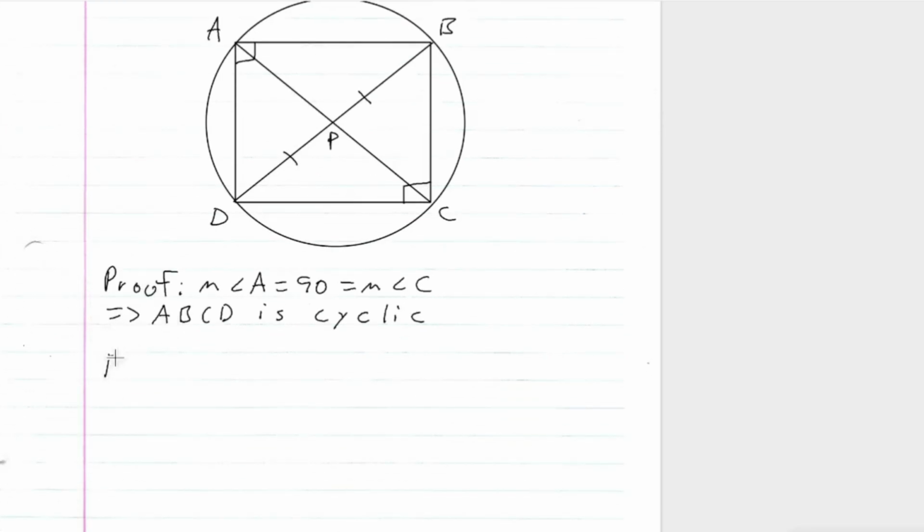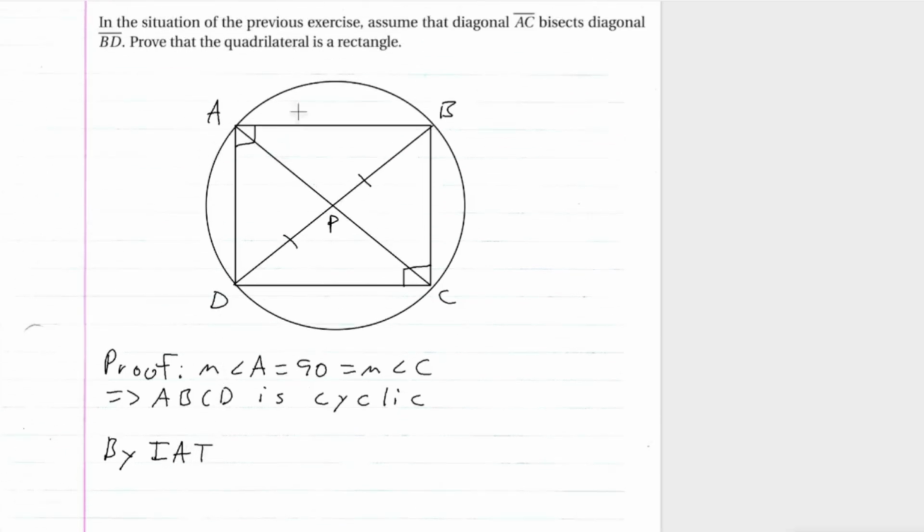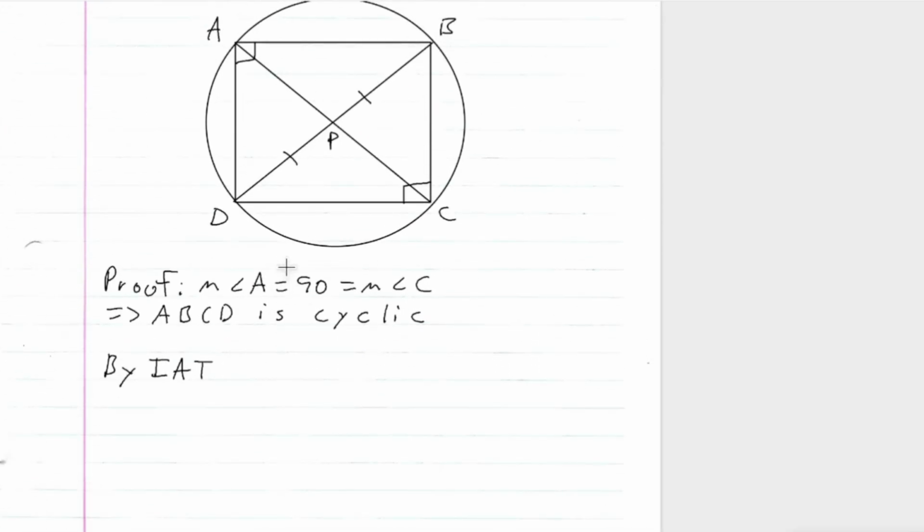Also, by the inscribed angle theorem, since ABCD is cyclic, that means A, B, C, and D are inscribed angles, right? So by the inscribed angle theorem, we know the measure of angle A is equal to half the measure of arc BCD. And of course, we know A is 90, so that means 90 is equal to 1/2 the measure of arc BCD.